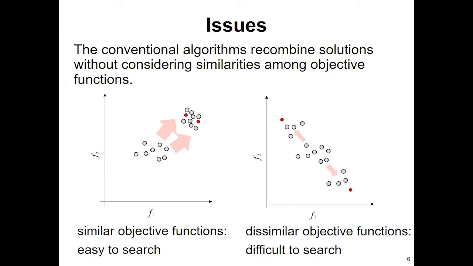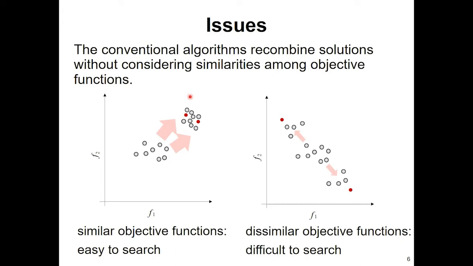For example, as shown in this figure, when the locations of the global optimal solutions of 2 objective functions are close, we can say that the objective functions are highly similar. Solutions that have these objective functions as their scale factors can share useful information with each other in order to search for locations that are close to each other, making the search easier.